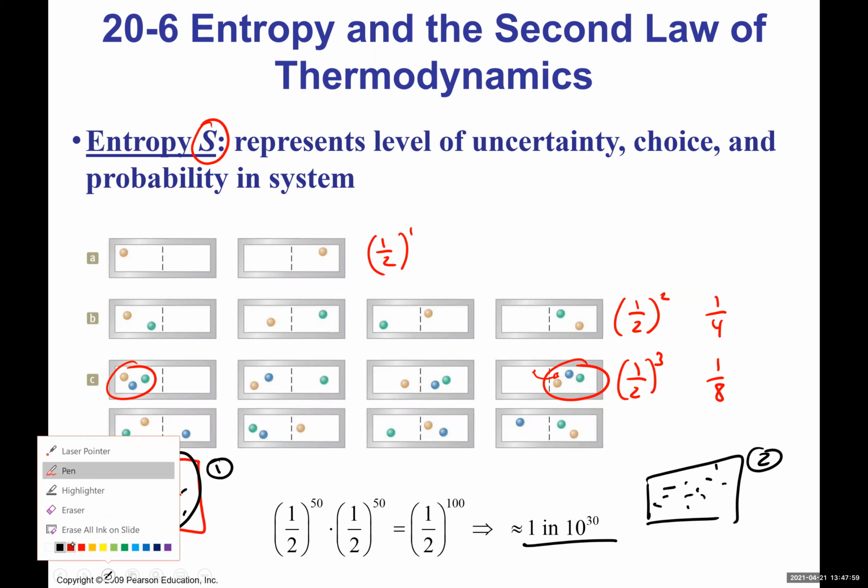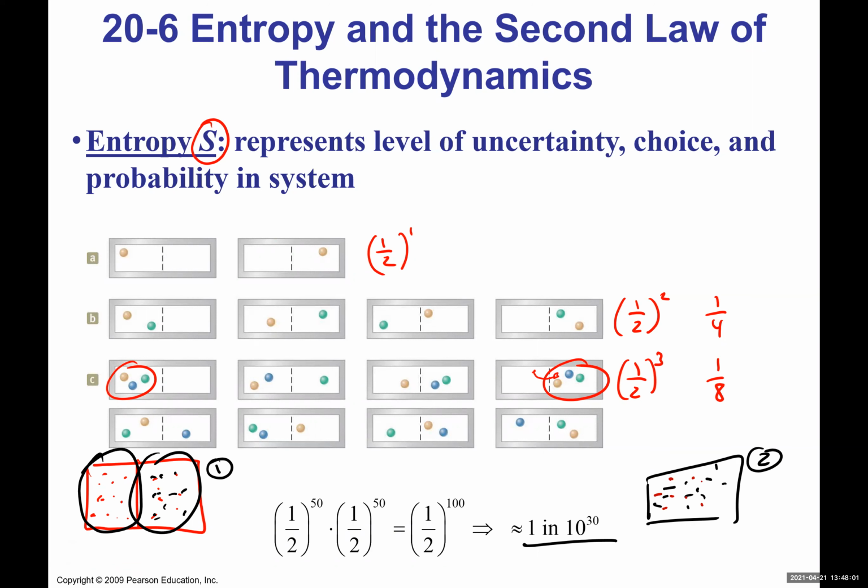What is the probability of having configuration 1, where they're separate, compared to configuration 2? Well, configuration 2 is much more probable. It has a much higher probability. That means configuration 2 also has a higher entropy. Entropy for configuration 2 is greater than entropy for configuration 1.